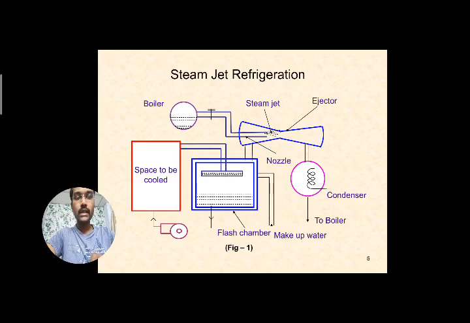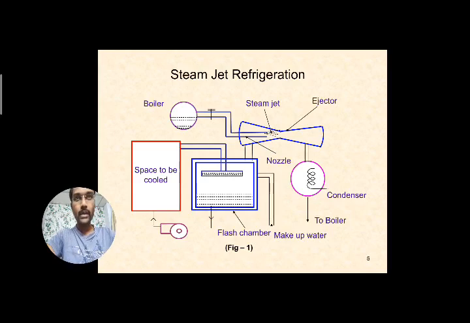Due to the high velocity steam jet, the gases or vapors present on the surface of the water are absorbed by this high velocity steam, which is moving in the ejector part. Due to that, low pressure is created on the surface of the water in the flash chamber.